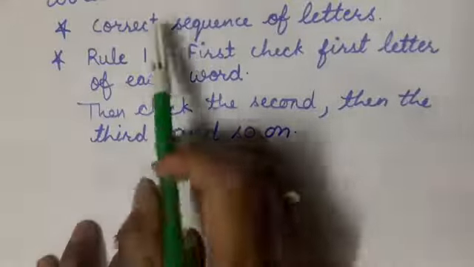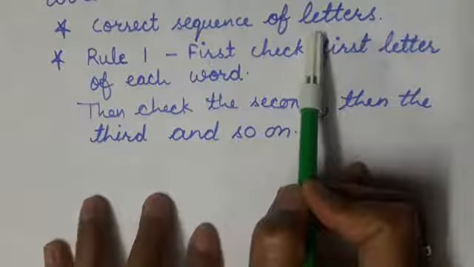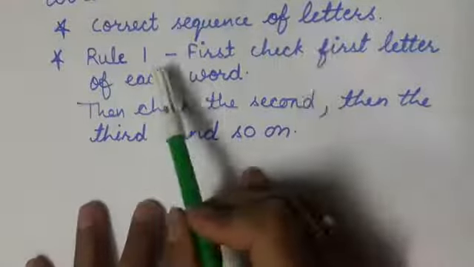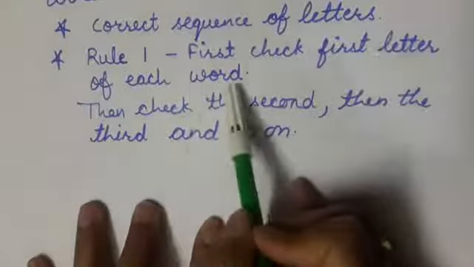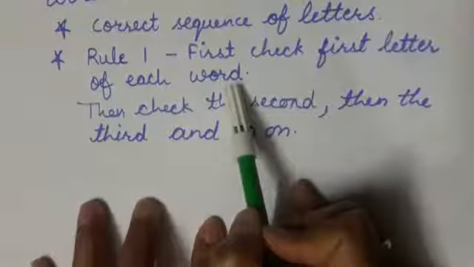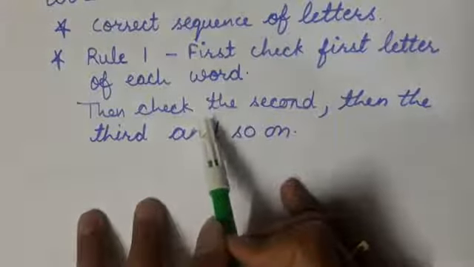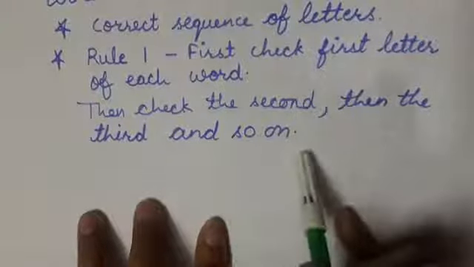So the rules are, first of all, the correct sequence of letters. We should know the correct sequence of letters. Rule number 1, first check the first letter of each word. And rule number 2, then we have to check the second letter, then the third, and so on.